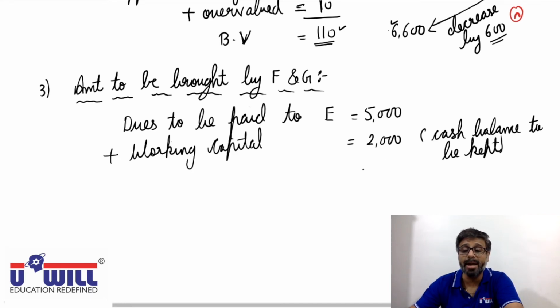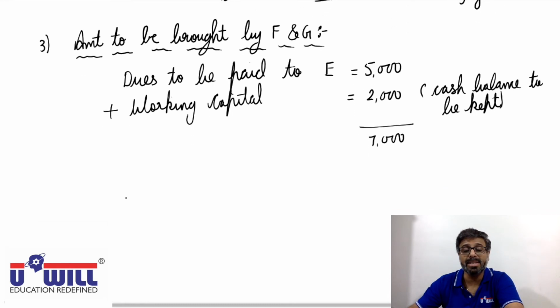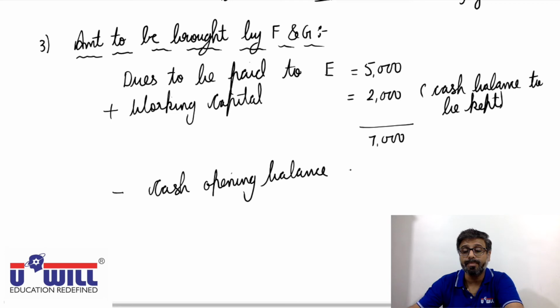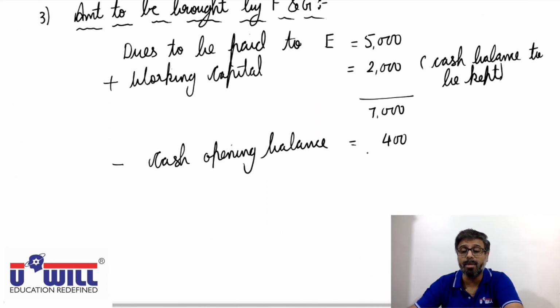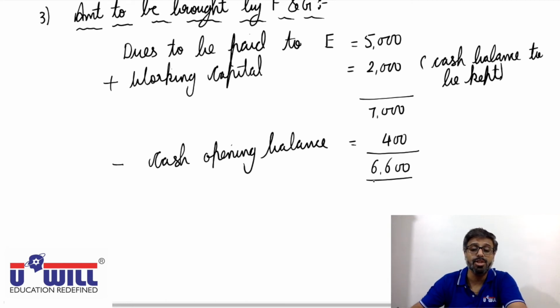So we require total 7,000 rupees for this, minus what is the cash already available. Cash already available is 400 rupees. Okay, cash balance brought down, opening balance 400 is already there. So further what amount F and G will have to bring to make it 7,000? 6,600 is to be brought by F and G.